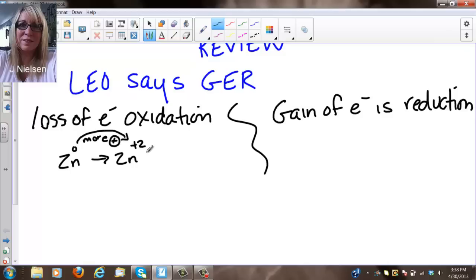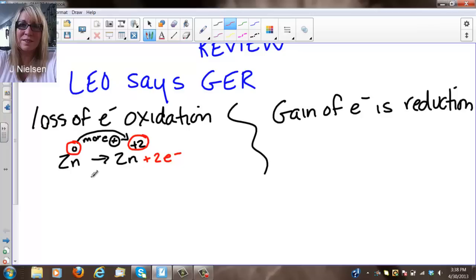And I'm going to balance this oxidation half-reaction by adding electrons. I always add electrons to the side that has the higher charge. 0 versus positive 2. This is the higher side, so I'm going to add 2 electrons here. A positive 2 and a negative 2 give me a net 0, which now matches this.